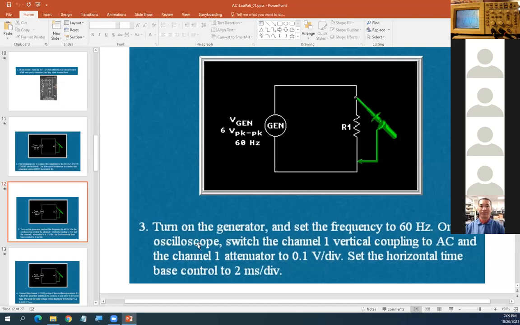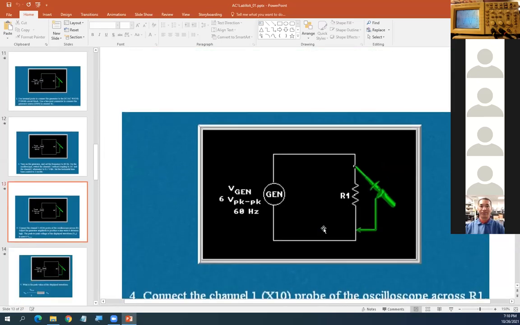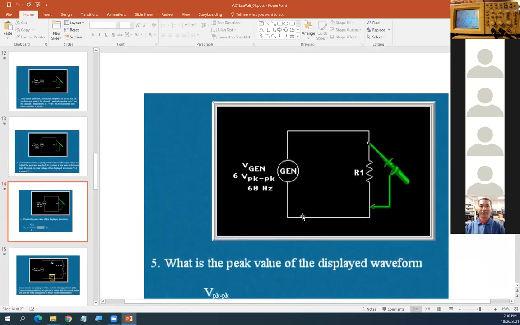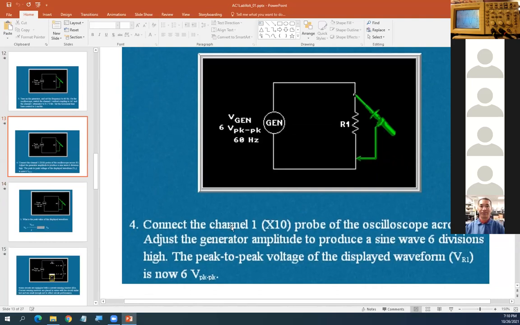Remember, ignore any oscilloscope setup here that is for an analog oscilloscope. Like here, they say connect channel 1 times by 10 probe. Who cares? We don't care about that.